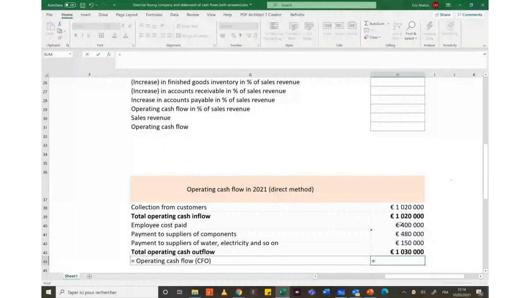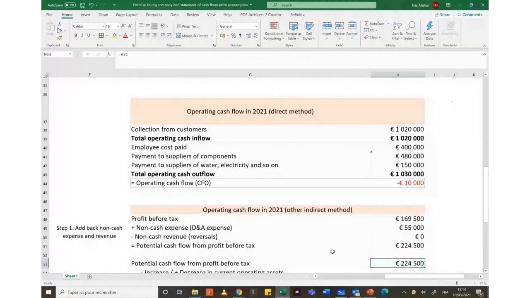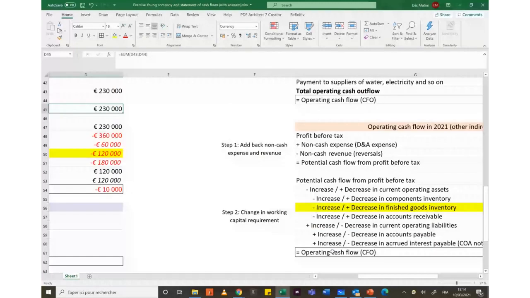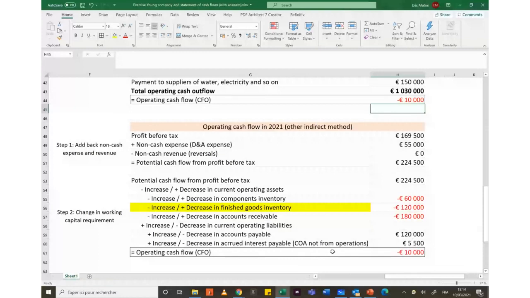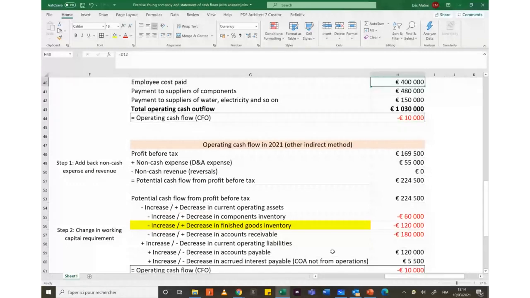So minus 10 again. All the time I have a decrease by 10,000 of the opening cash because of the operating cash flow. So if I have only operating cash flow during the period, I will decrease the cash account by 10,000.